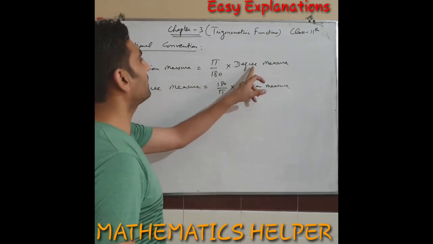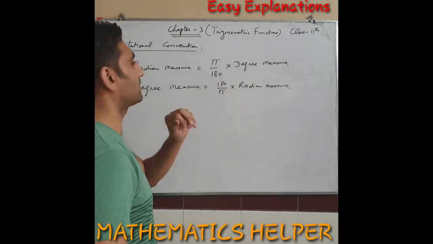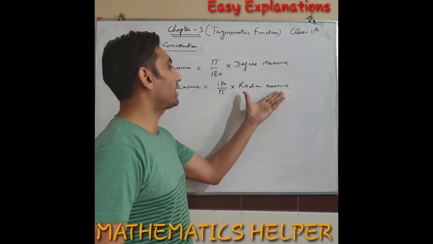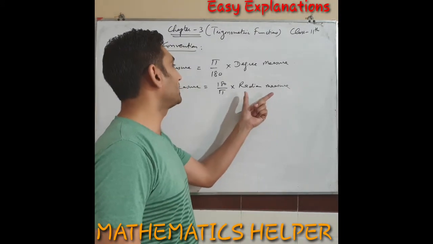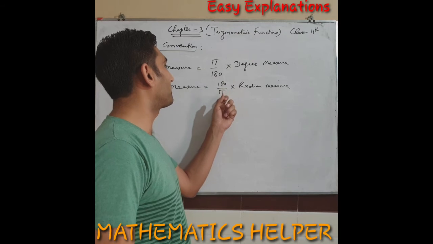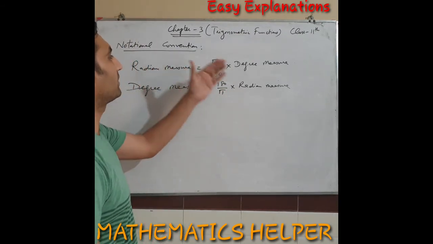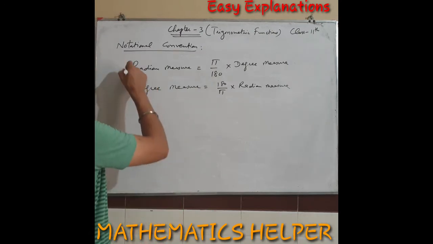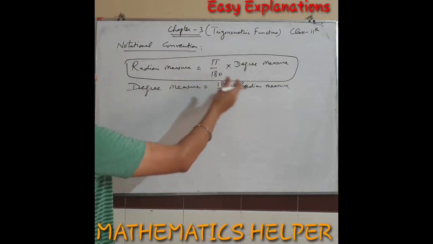So you will get degree measure as 180 over pi into radian measure. Means if you are given the radian measure and you want to convert it into degree measure, simply multiply that radian measure with 180 over pi and solve it. You will get the answer in degree measure. They are the formulas. I suggest you remember only one formula. You will be able to remember this second one also by yourself.